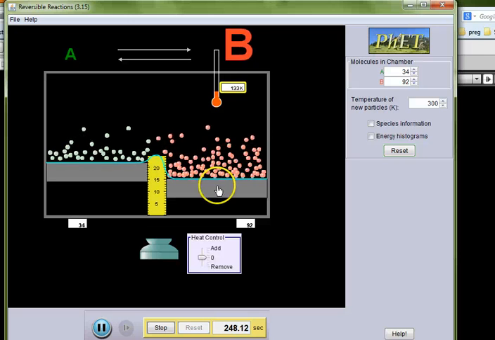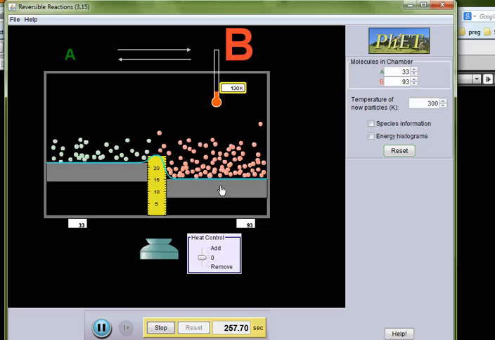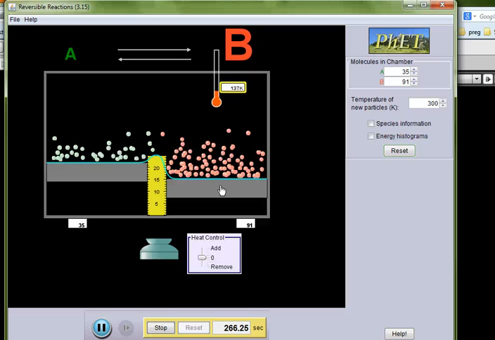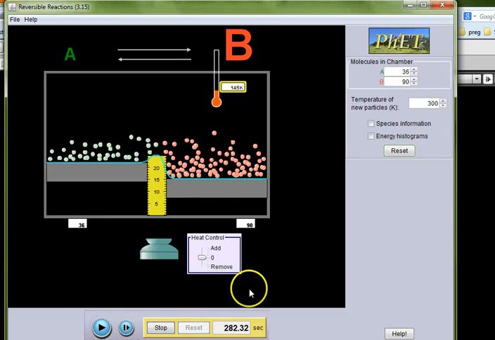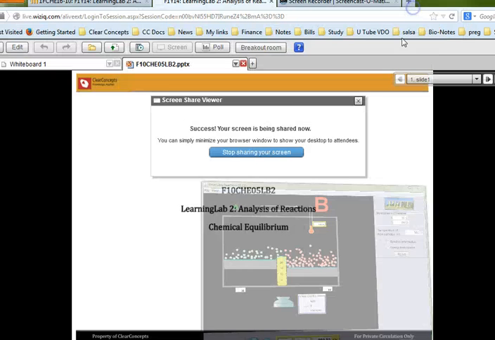Make sense? Okay, I think that should clear all your concepts about the equilibrium constant. Okay, let me minimize this lab.